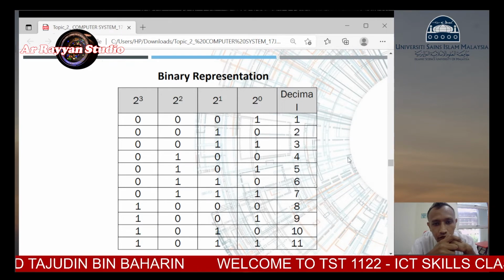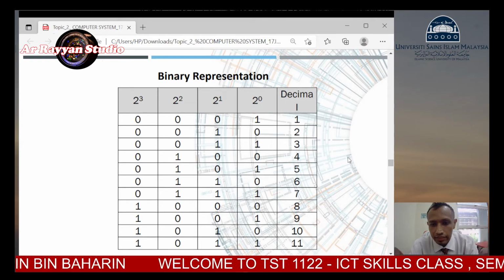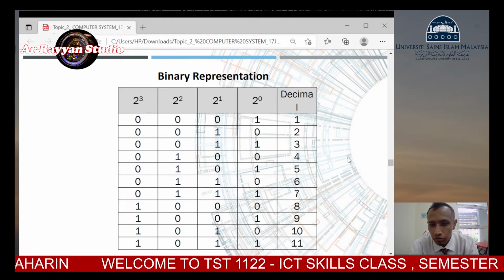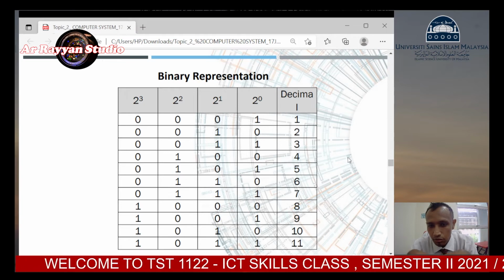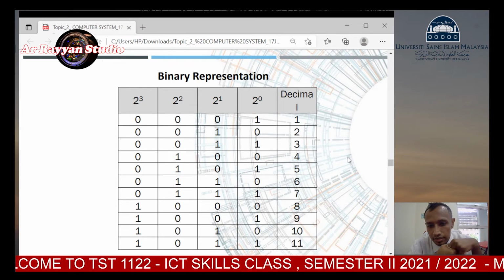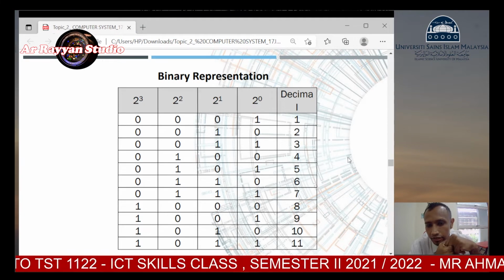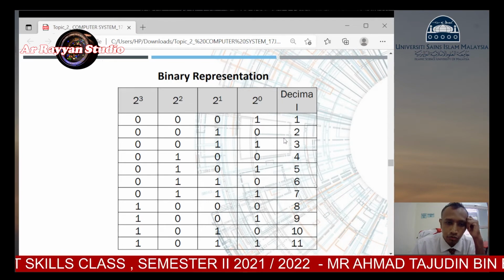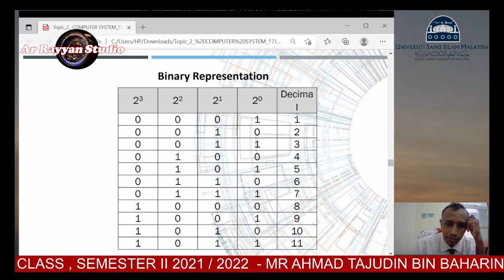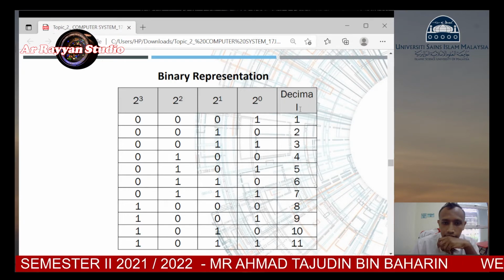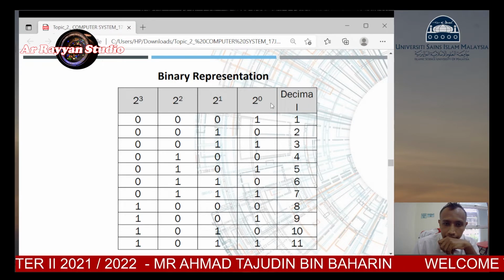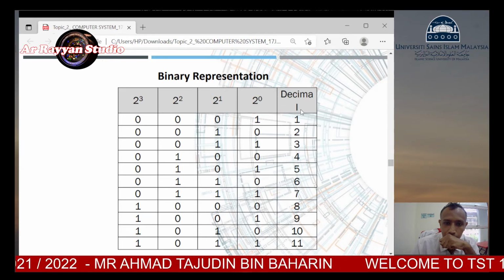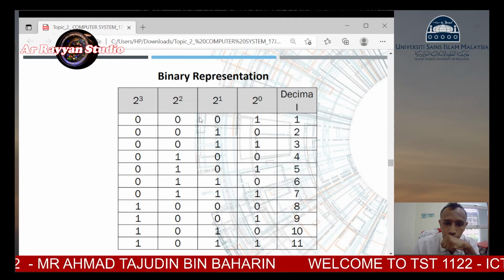So sekarang ni kita ada table ni, so korang tak payah calculate. Dekat sini kita tengok decimal number 1, 2, 3, 4, 5, 6, 7, 8, 9, 10, 11, right? Dia dah siap-siap calculate untuk korang. Okay, macam mana dia nak dapatkan nilai binary. Kalau decimal number dia 1, binary dia 0001.